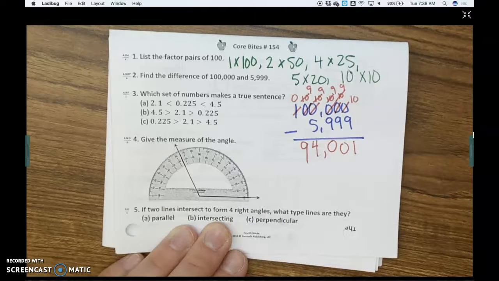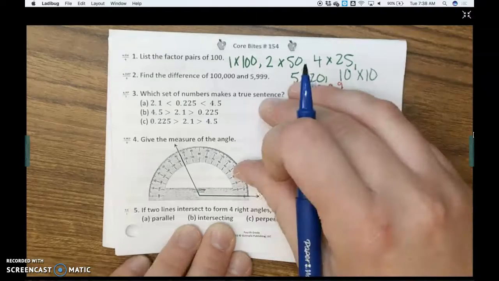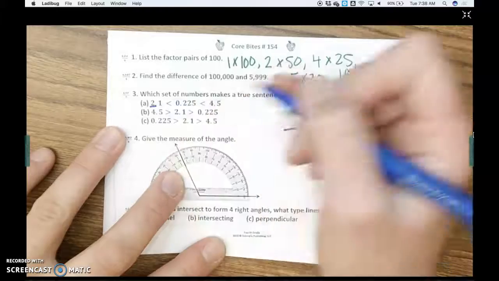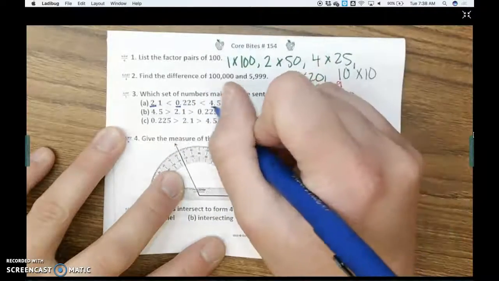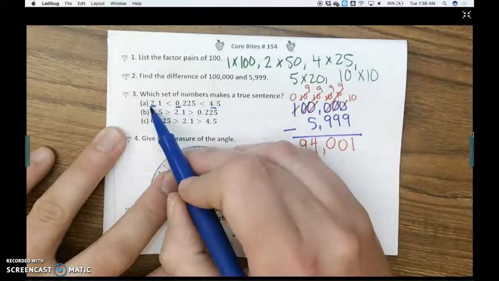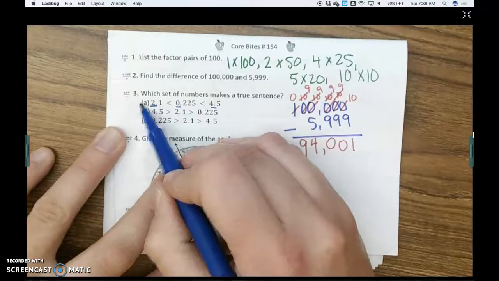For the next one, you're trying to see which sentence is true. You have some decimals here. Remember with decimals, you always look and see which number is in the ones place, the whole numbers place, first. Here you've got a 2, a 0, and a 4. 2 is not less than 0. That's wrong.